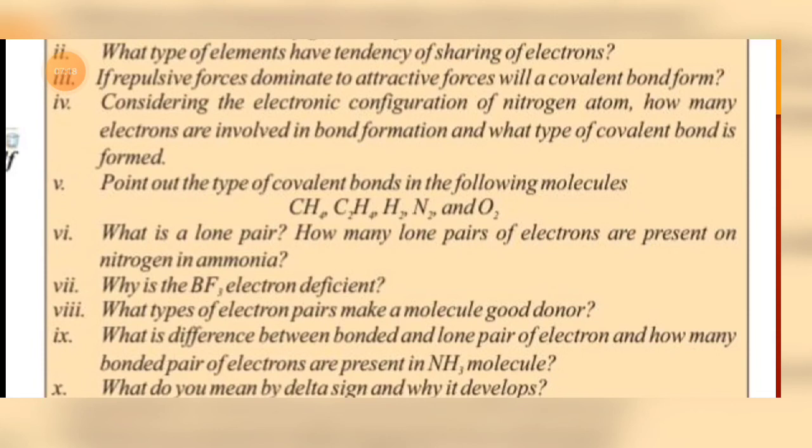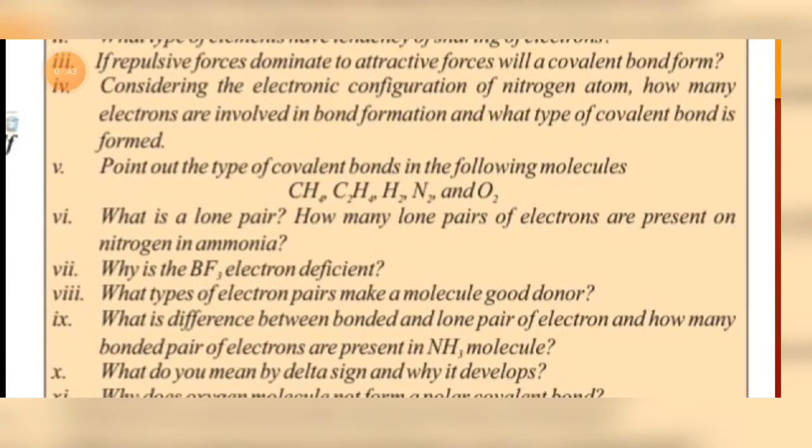The difference is that bonded electrons participate in bond formation, and lone pair electrons don't play any role in it. In ammonia, nitrogen is combined with 3 hydrogen atoms, so it has 3 bond pairs of electrons.